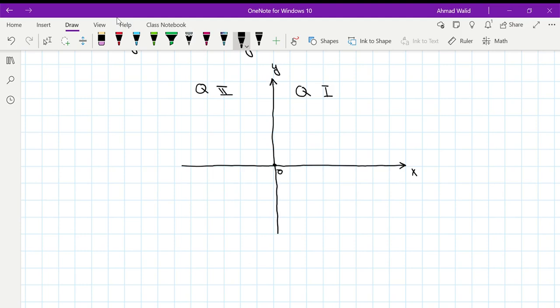We call this one quadrant number 3. We call this one quadrant number 4. Now, all of us from algebra, we know that any point in a quadrant has 2 coordinates.